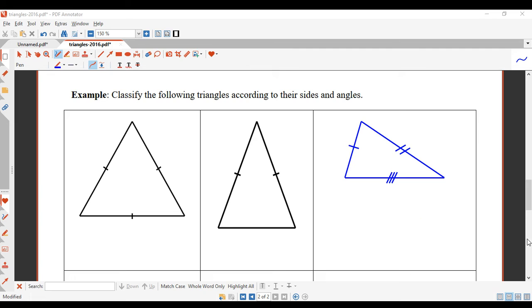Okay, so I want you to name the first triangle according to its sides and angles. Obviously for this one it's got 3 equal sides, so that's just an equilateral triangle. I guess technically you could call it an equilateral acute, but equilateral will do. Make sure you get the spelling right.